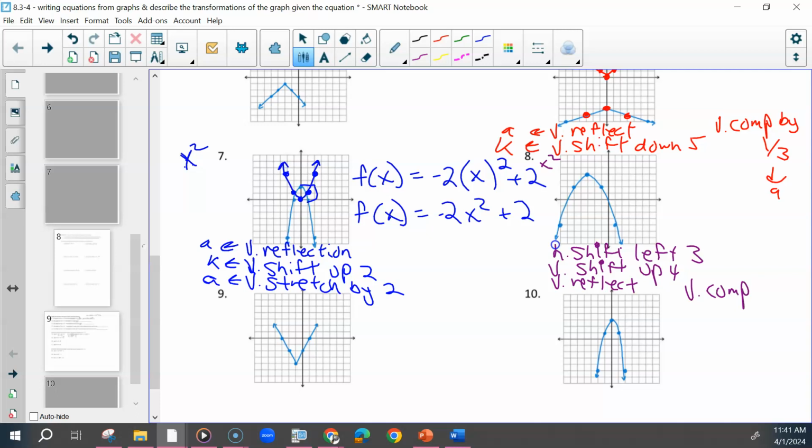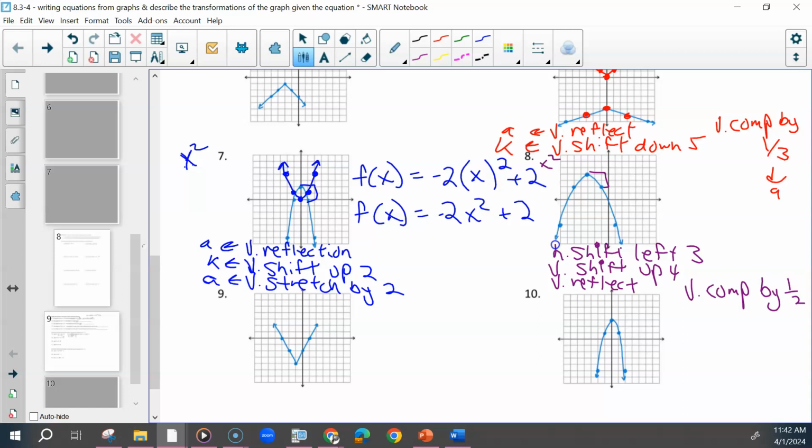Now this one is a little different because we're still looking at that distance. But it's going to be like 2 by 2, and you don't simplify that to 1. You still think about it as 2, but because it's a compression, that's going to be a fraction. So it's going to have 2 in it, and it would be 1/2. You could also use points.